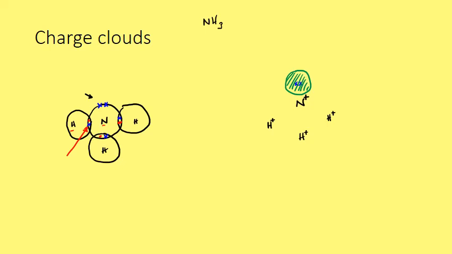So that's the lone pair that we've accounted for, and we've drawn an area of probability where they're most likely to be found, and we're going to call that a charge cloud.